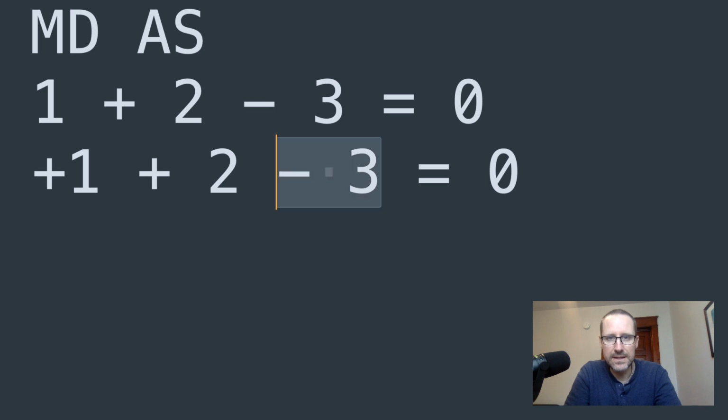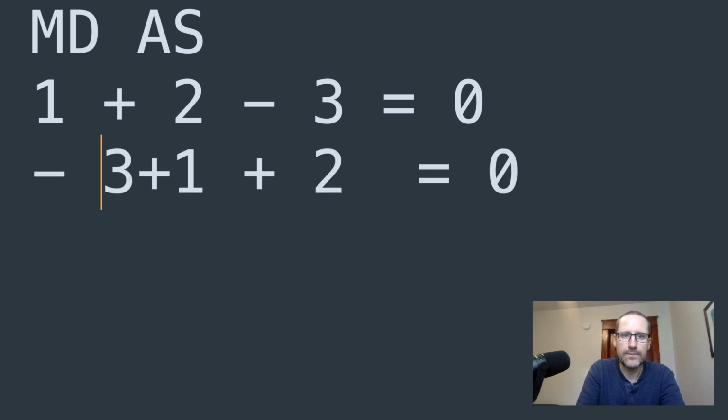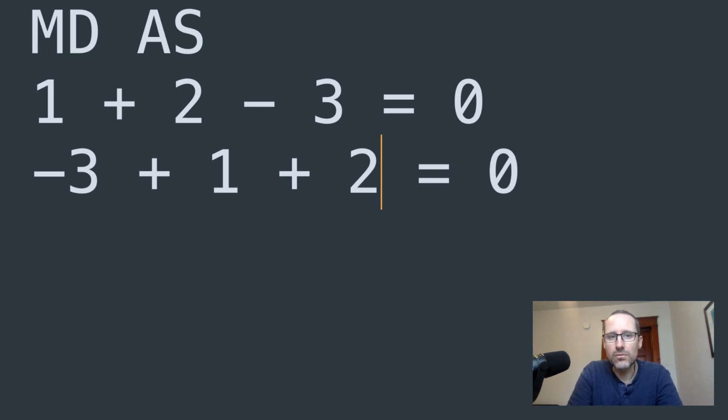We could put the negative 3 in the beginning, and we could say that negative 3 plus 1 equals negative 2, and then if you add 2, well, that equals 0. So you can flip these around, still reading them left to right, and it gets you the same answer, which is why they're on the same level. So it's actually not that addition comes before subtraction. They're on the same level.